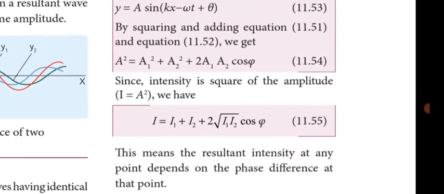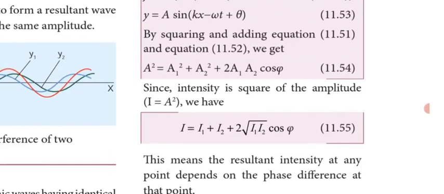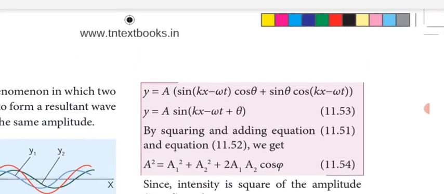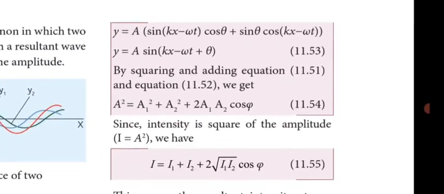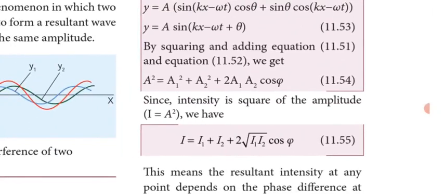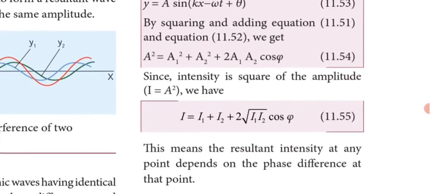So that's what we are getting from squaring and adding the two equations. Now intensity is the square of the amplitude, that is I is equal to A squared, so we are replacing A with I. Then I is equal to I1 plus I2 plus 2 root of I1 I2 cos phi.